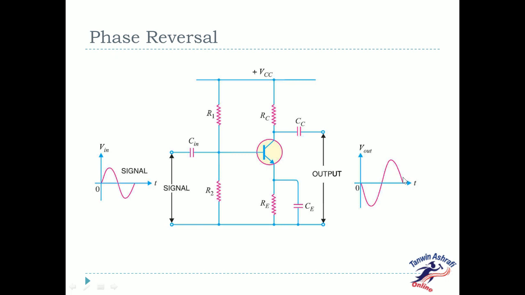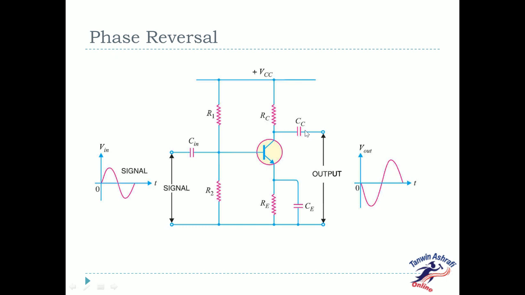When the signal increases in the positive cycle, the base current also increases. The result is that the collector current, and hence the voltage drop across RC, increases. As VCC is a constant value, the output voltage VCE will decrease.